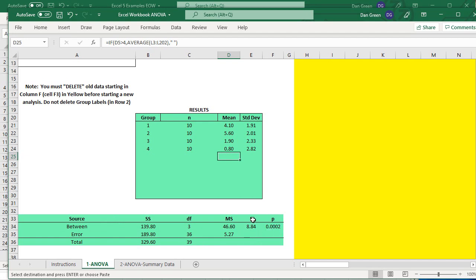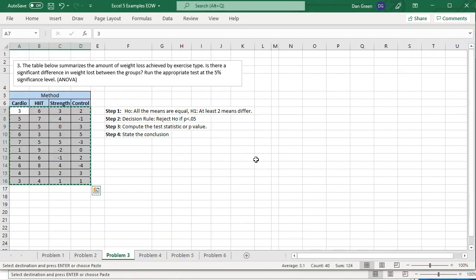The test statistic is what's called an F statistic because this follows an F distribution, so that's the 8.84. If you're doing it by hand, you would use the 8.84. We are not. So we'll use that p-value of 0.0002.